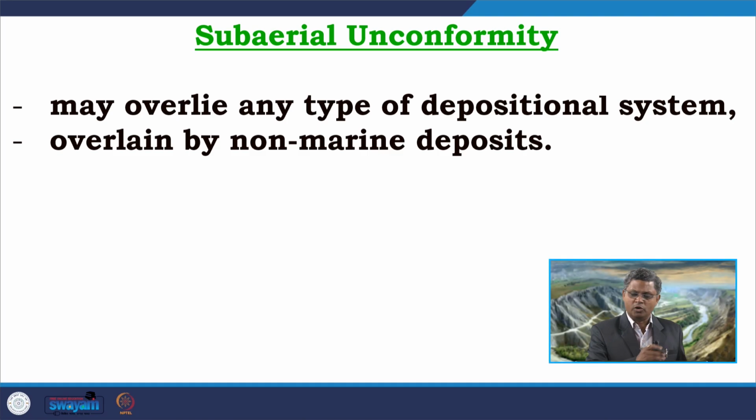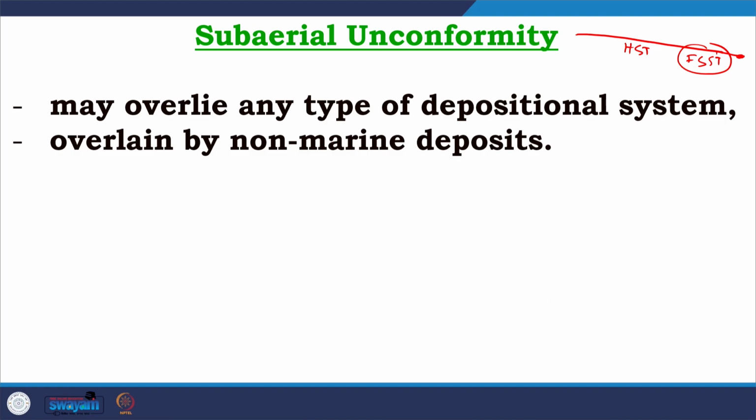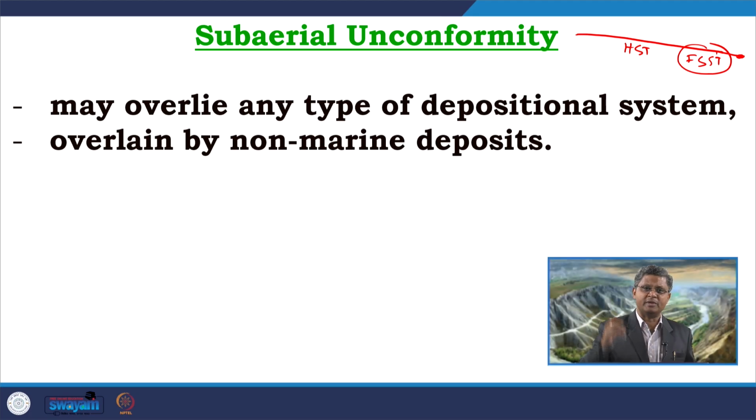So, as I have told you earlier, if this is the unconformity developed because of this fluvial incision, below that we can get either the HST, which is ideally required, or maybe when we go into the deeper part, we can get the FSST deposits which are formed in the marginal marine part. So, this may be the end point of the unconformity during the forced regressive phase, and after that the next low stand is starting with rise of the base level.